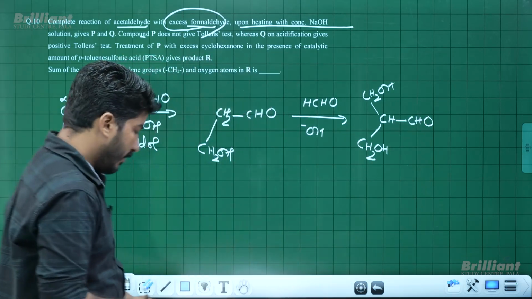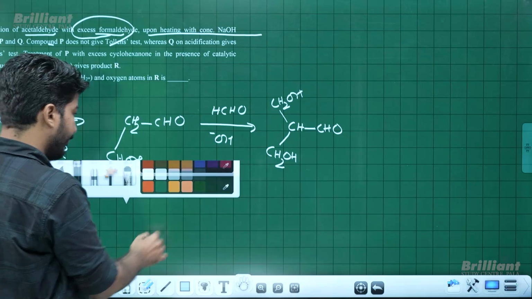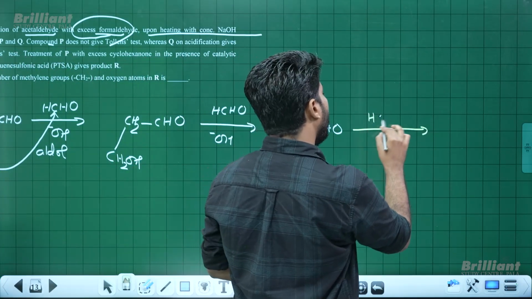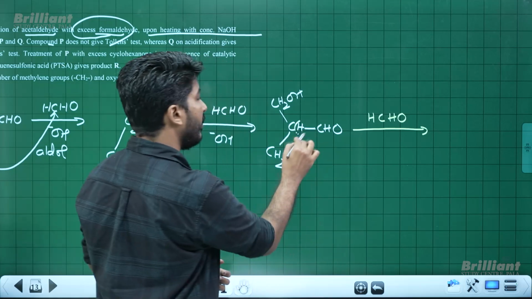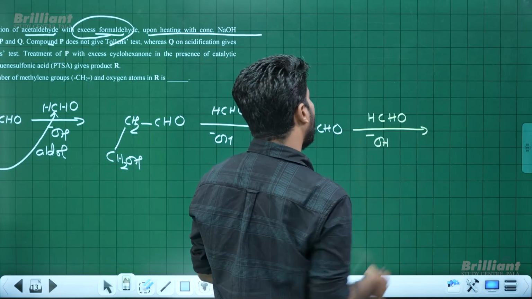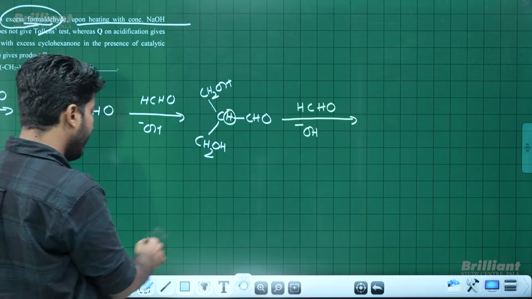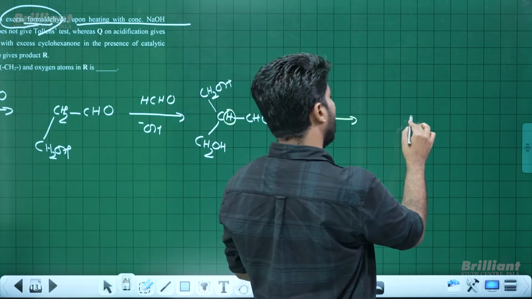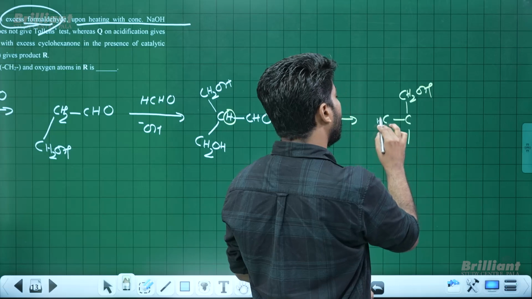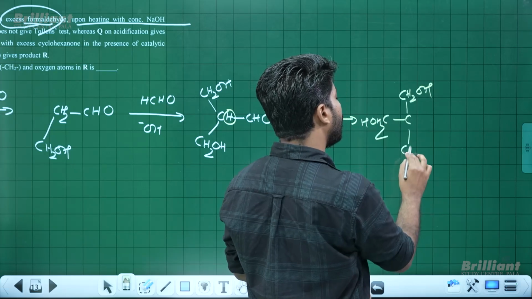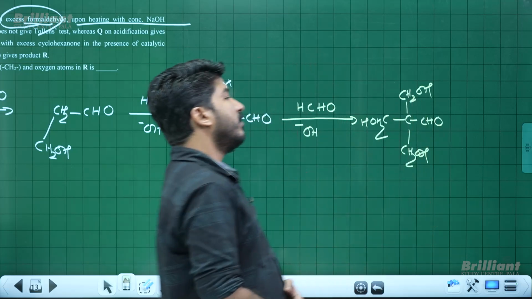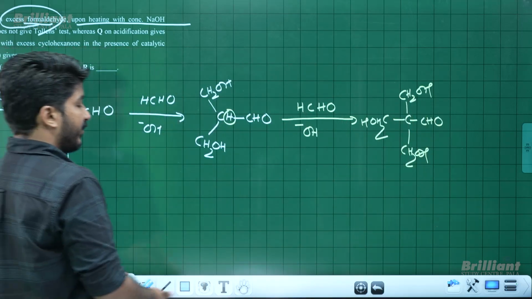Now we have HCHO present in the medium again, so one more aldol reaction can occur because we are left with one more alpha hydrogen. One more aldol addition occurs in the same medium, giving CH2OH thrice, CHO. So it is the final aldol product.